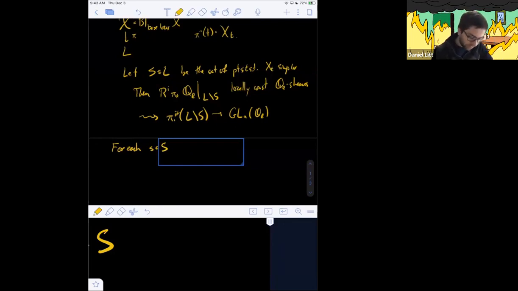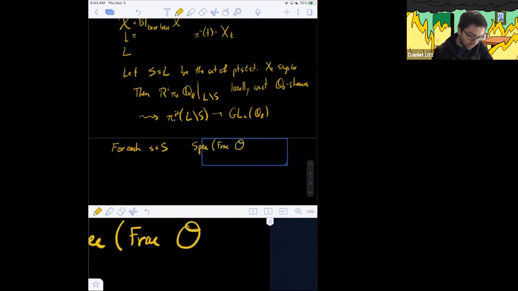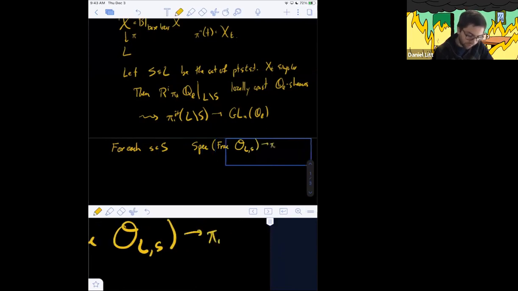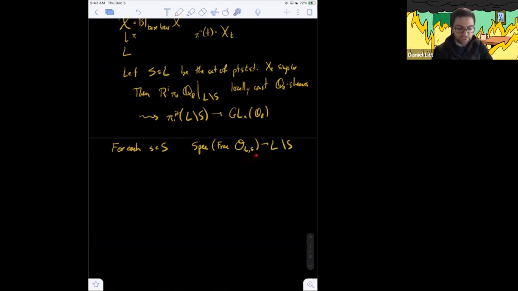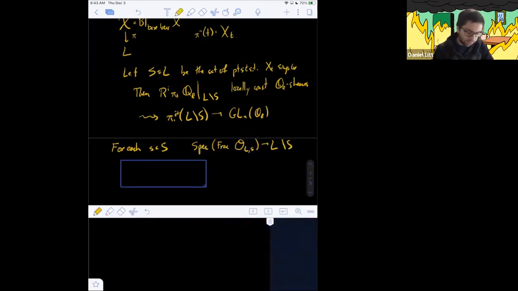So you can take the inclusion of spec of the fraction field of O_{L,s} into L minus S. Right, and if you're over an algebraically closed field, pi_1 of this fraction field is just the inertia group. So over an algebraically closed field, let's just base change to k bar. So then we get a map.